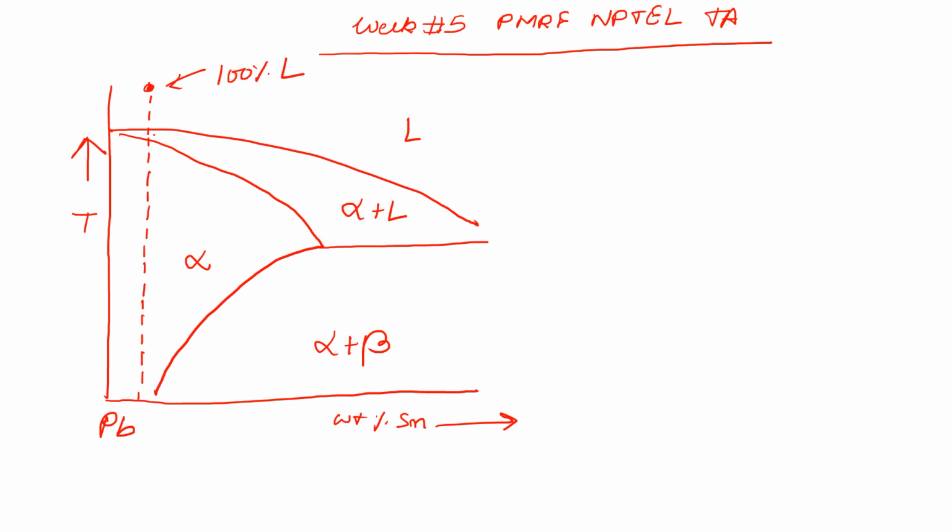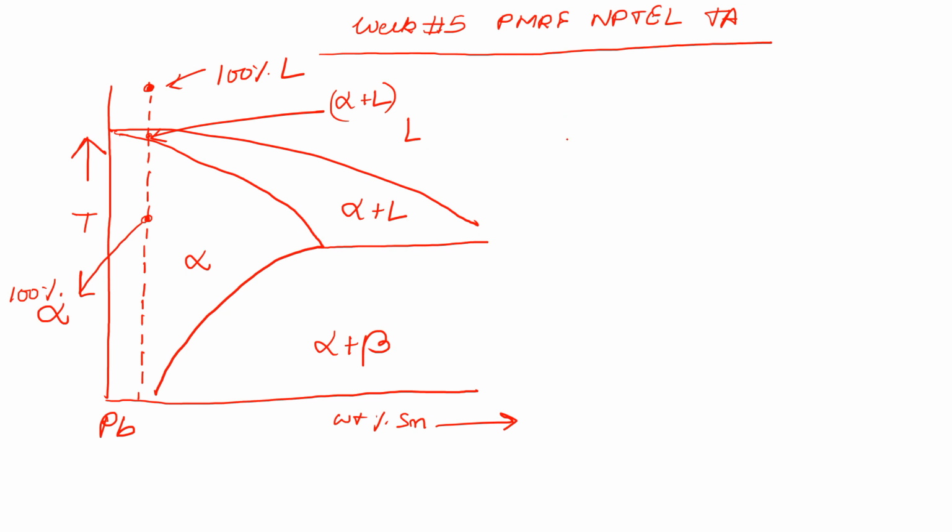As we cross the liquidus, we'll have a region with certain precipitation of alpha, so alpha plus liquid in this portion, and then as you cool further and cross the solidus, we'll have a completely alpha alloy. So this is 100% alpha.